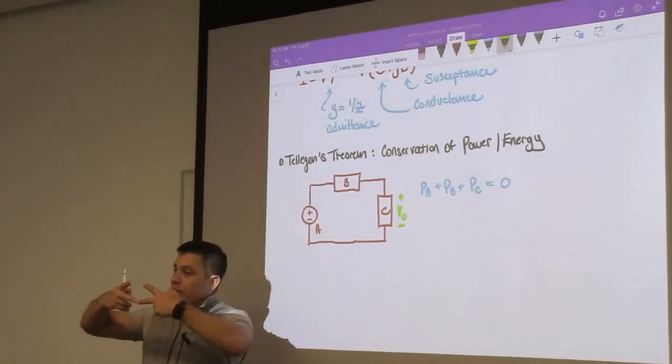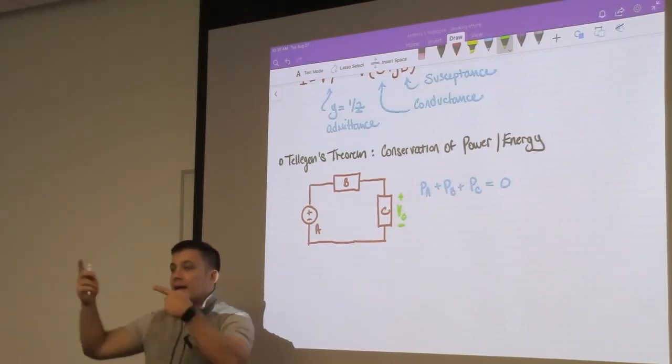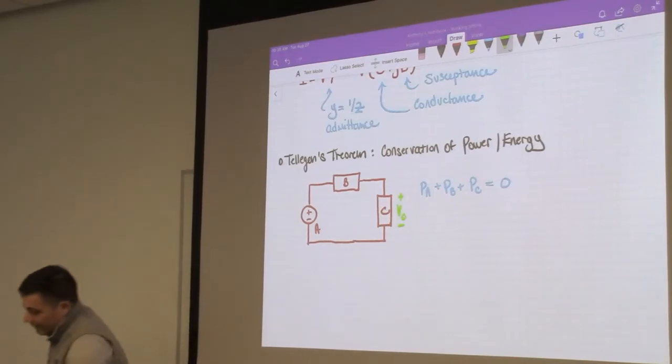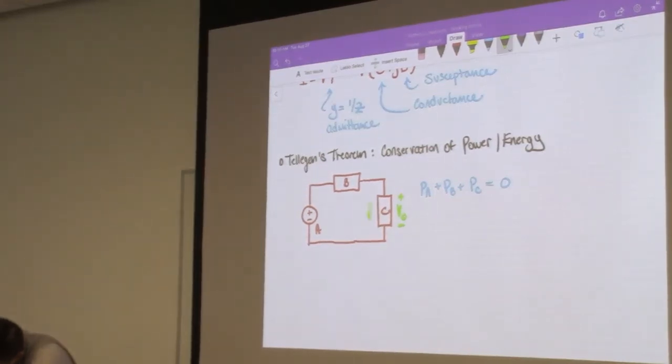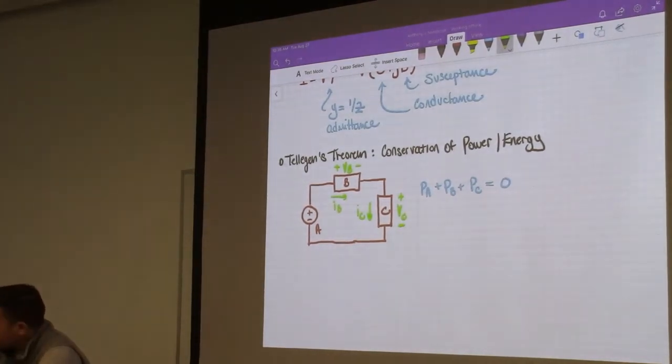Again, for the passive sign convention, it's really I and V agreeing with each other. So if I choose V as this polarity, that means I will have that polarity. I'll use a similar one here, VB, which means that IB will have that direction. You'll see over here that we're using a different direction polarity of the component.